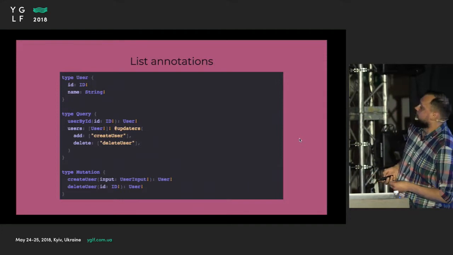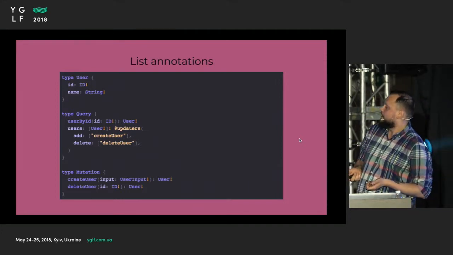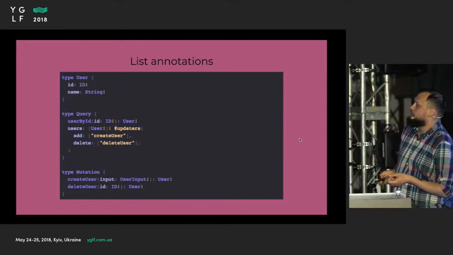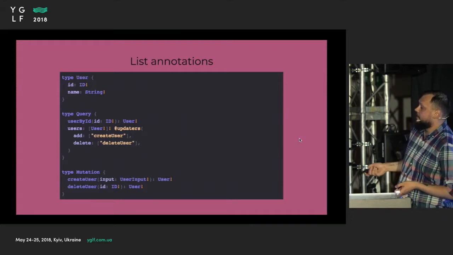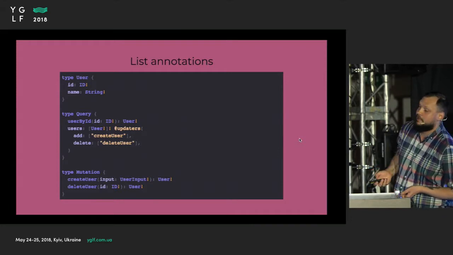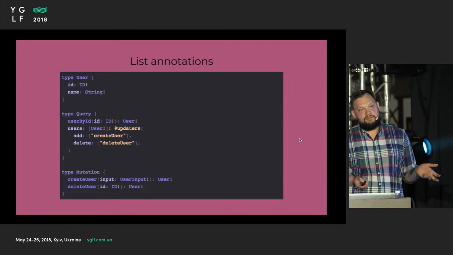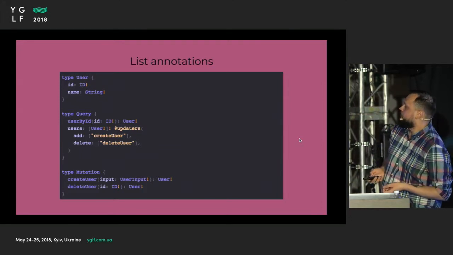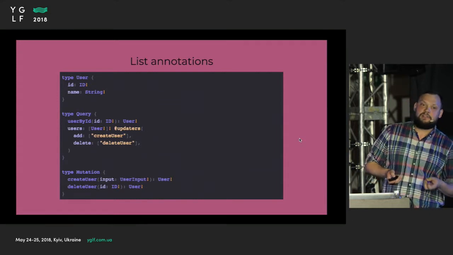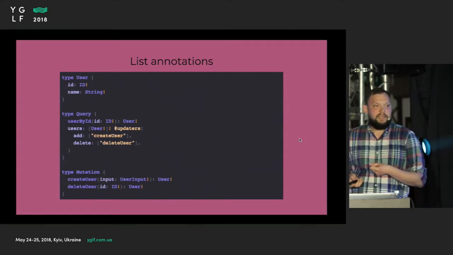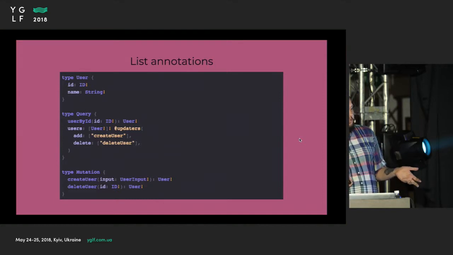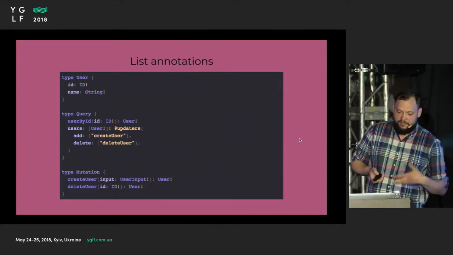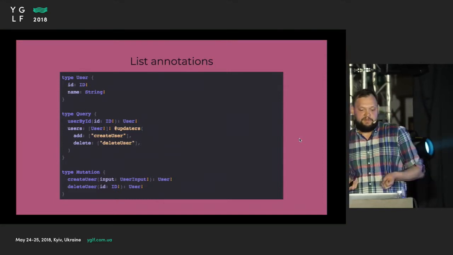We can go deeper. What if we can also make automatic updates for complex mutations? Here we have user list. And usually you have to write manual code in all these libraries, in Apollo, in Relay, to add new stuff when, for example, you paginate, or add new stuff when you add a new comment to a list of comments when you post the comment, because it's not a trivial thing to implement automatically.